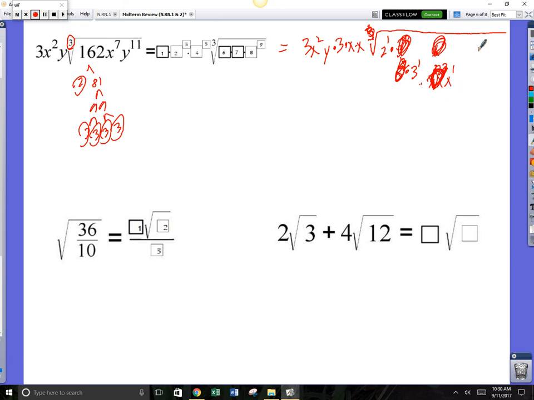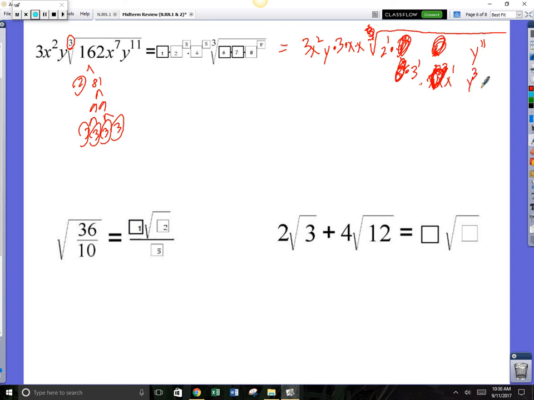Okay, now the y's, I've got 11. It's kind of tedious to write them out, so you can just mental math it. How many cubes are in a power of 11? 1 cube is 3, 2 cubes is 6, 3 cubes is 9, 4 cubes is 12. So there's almost 4 cubes. So there are 3 cubes. And that takes me to 9.